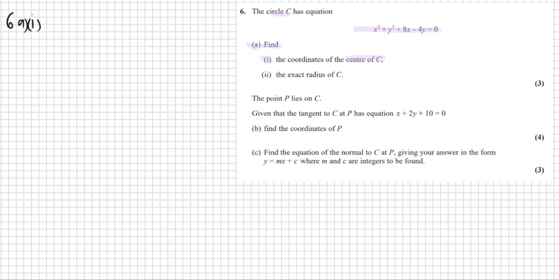6ai. Okay. We have x squared, I rearrange it, plus 8x plus something, plus y squared minus 4y plus something, equal to 0 minus, and then you have to add those same things on the right-hand side.